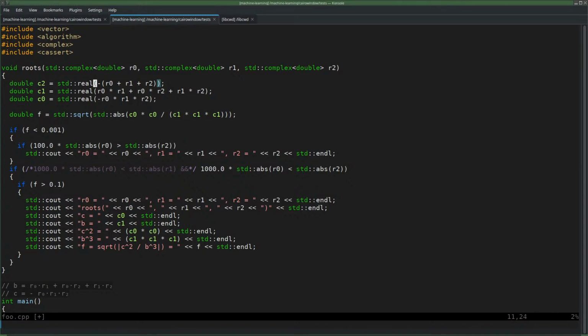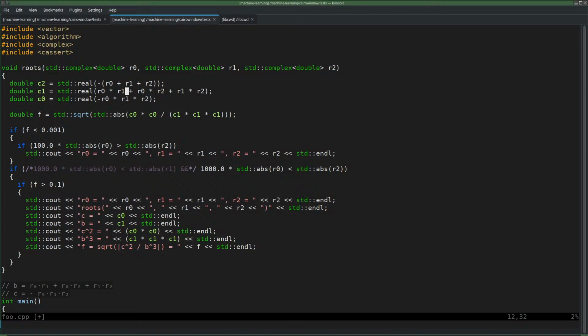The imaginary part of each of these things should automatically be 0, because here either R0 and R1 are complex, and then complex conjugates, so the imaginary part cancels out, or R1 and R2 are complex, if any are complex at all, and then they still cancel out. And the same thing happens here.